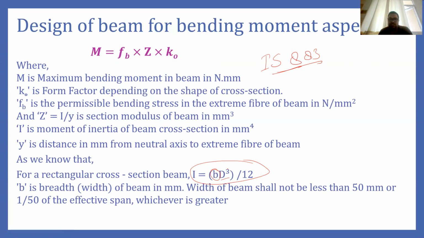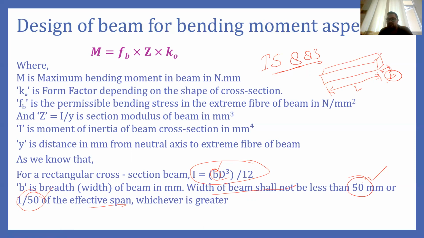In the IS code, it is mentioned that B is the breadth of the beam in mm, and the width of the beam shall not be less than 50 mm or 1/50th of the effective span, whichever is greater.